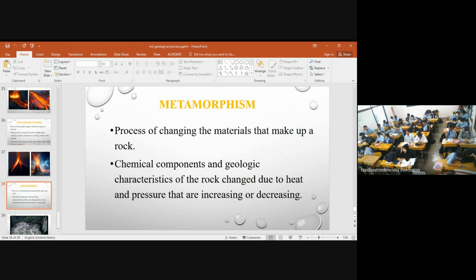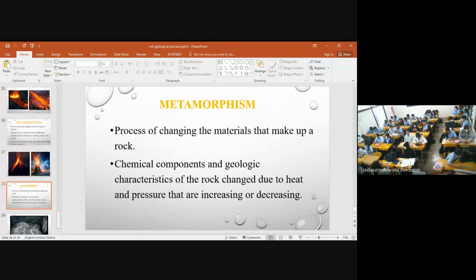Have you tried to observe the rock that has a different color? You know, the rocks have different colors, some having orange, some having black, some are just brown.